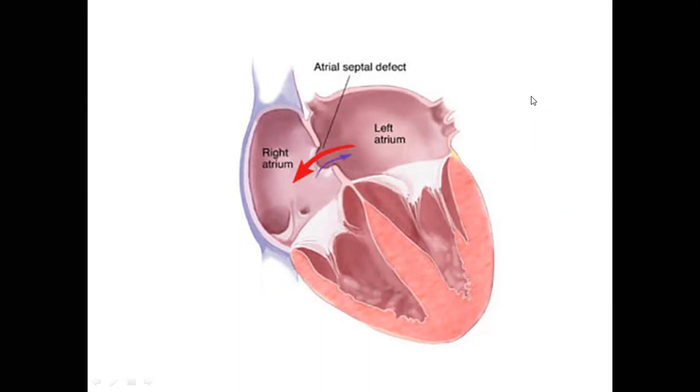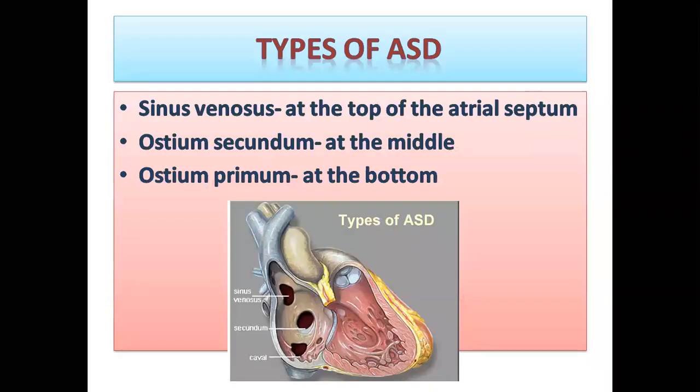Moving on to the types of atrial septal defect. Among the types, you can see sinus venosus, ostium secundum and ostium primum.